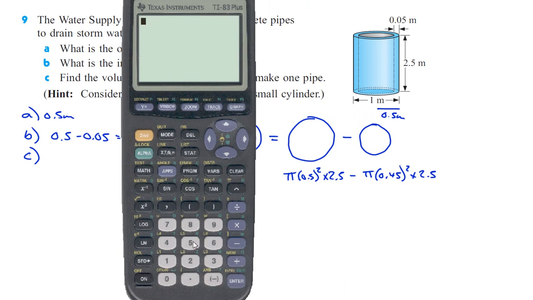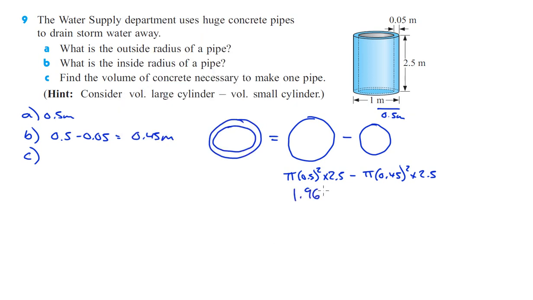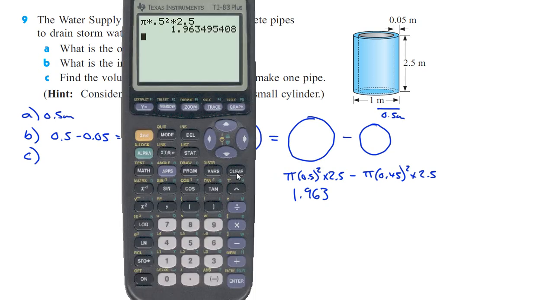Okay, so we've got pi times 0.5 squared times 2.5 gives us 1.9634. Let's go with 1.963, and then the other one is pi times 0.45 squared times 2.5, and that is 1.590.